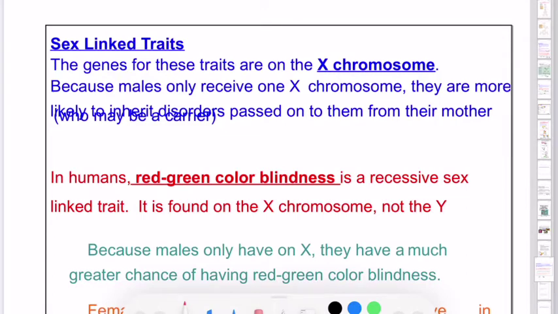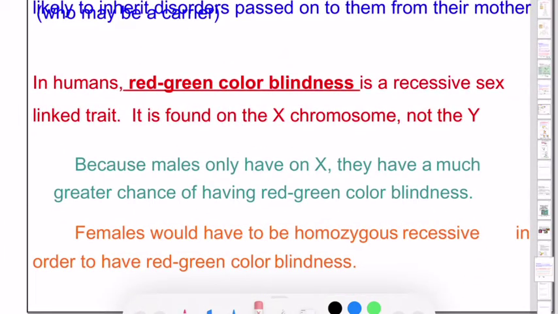So the sex-linked traits, these are genes that are carried on the X chromosome, and because males only receive one X chromosome, they're more likely to inherit these disorders. This means basically that males only have one X, so they have a much greater chance of getting the disorder.